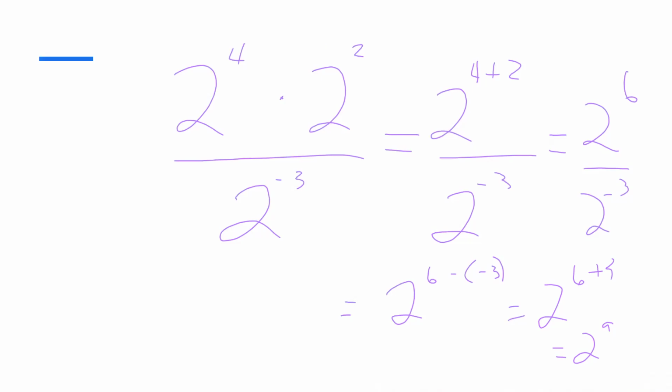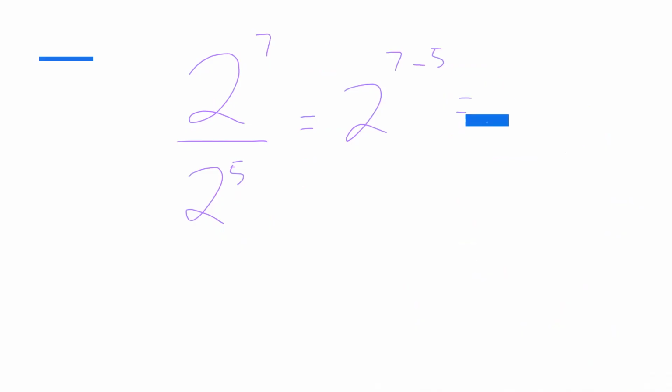All right. Now I want to break down the quotient and then the product rule for you, for it to make more sense, and I'm going to use this example first. Let's say that we've got 2 to the power 7 divided by 2 to the power 5. We know that this should give you, from the quotient rule, 2 to the power 2, 2 times 2, which is 4.